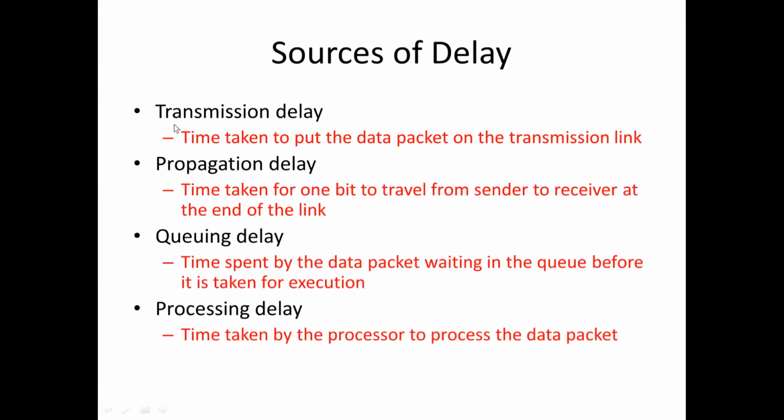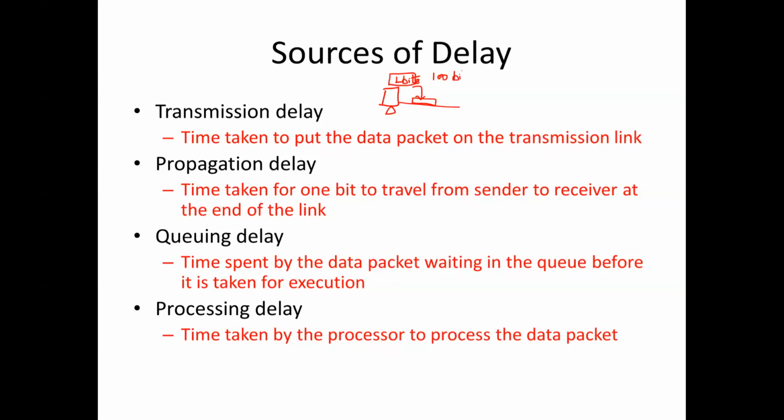Okay. Now there are 4 major types of delays that happen in the network when the packets are traveling. The first type of delay is called the transmission delay. What does this transmission delay represent? For example, you have a source generating a packet of size, say, L bits. All these L bits have to be placed onto the medium. Let's take L as 100 bits.